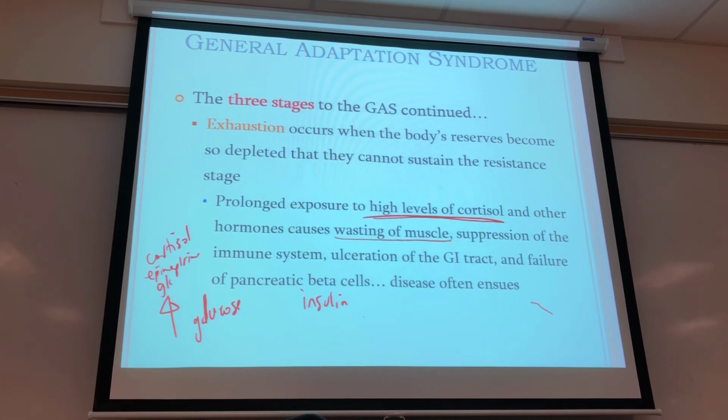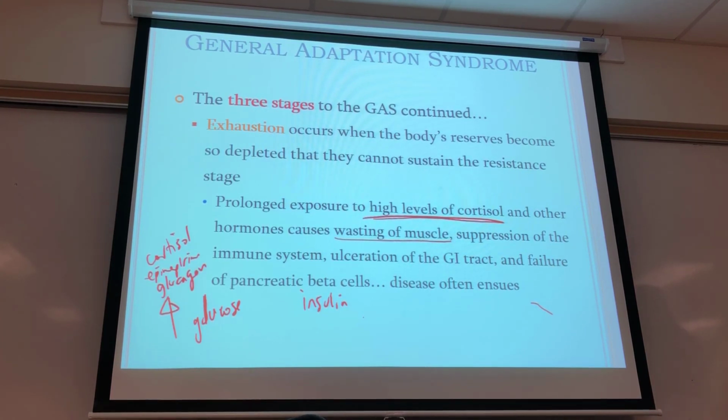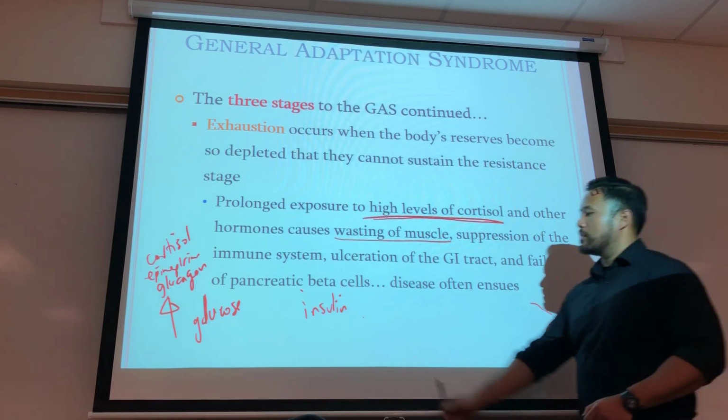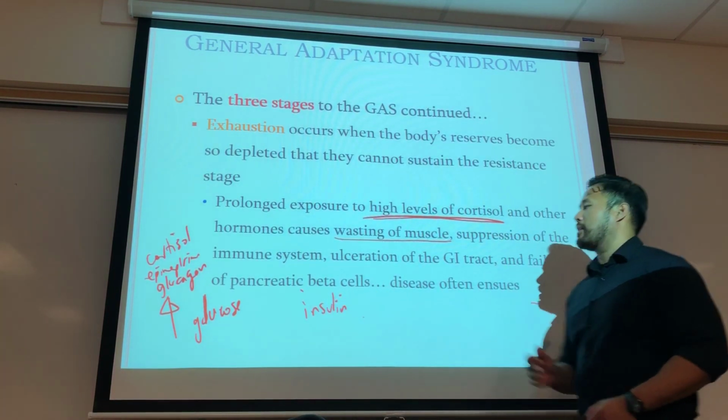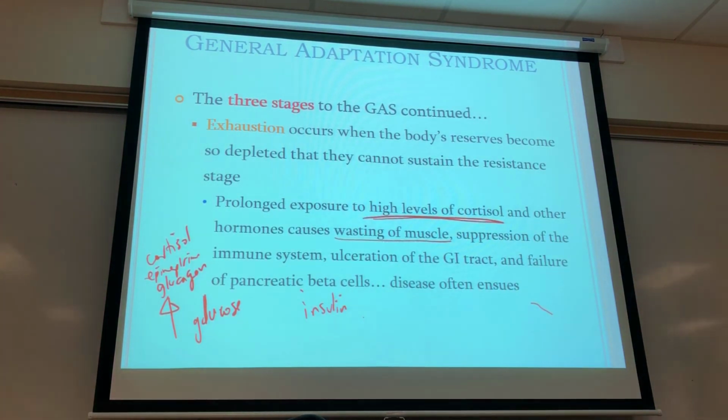We had glucagon working to raise glucose levels. That elevated glucose results in insulin being secreted. Remember, over time with high glucose, insulin is going to be continually secreted to bring it back down. So then your beta cells in your pancreas start to fail, and typically you'll have diseases take place from that point on. So this is the last case scenario of prolonged stress response.